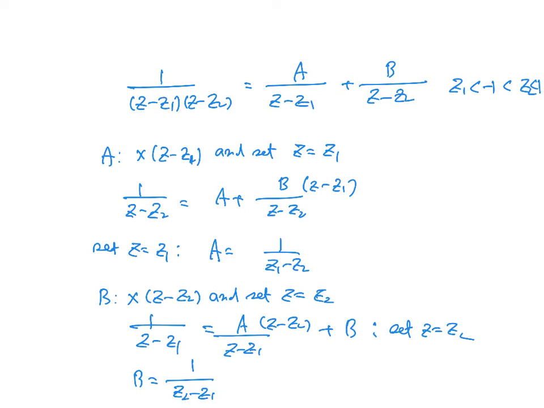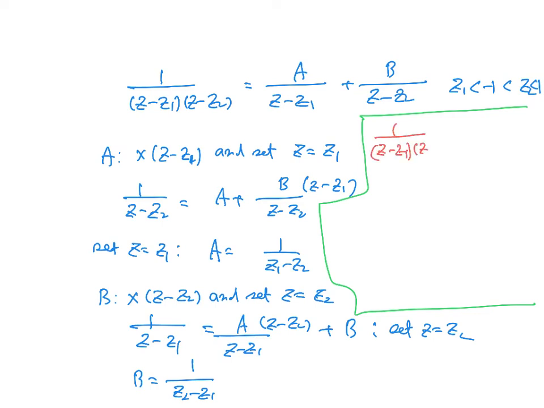So 1 over Z minus Z1, Z minus Z2 is actually 1 over Z2 minus Z1 times 1 over Z minus Z2 minus 1 over Z minus Z1.